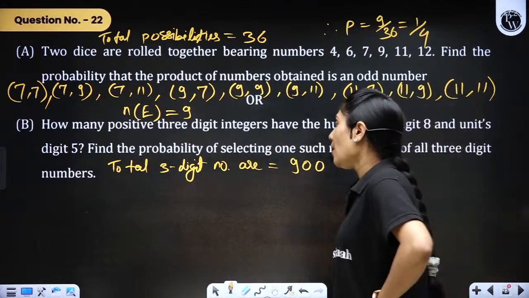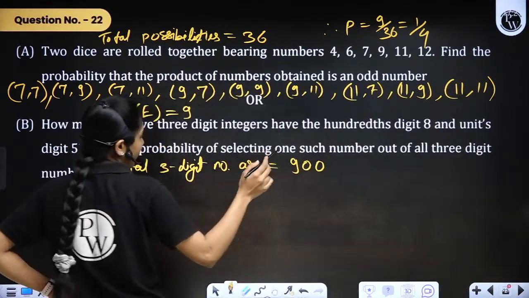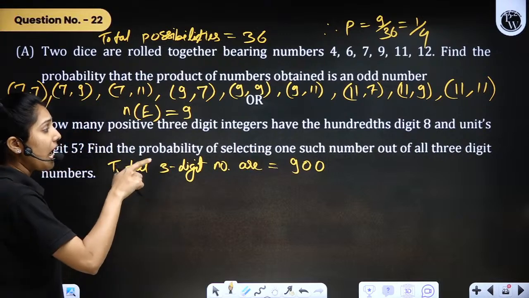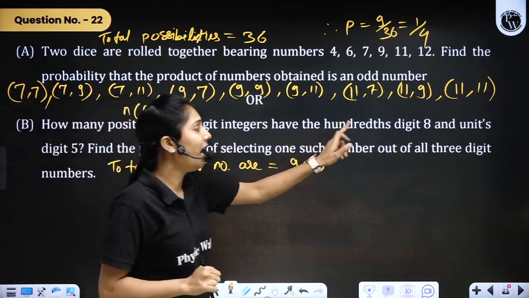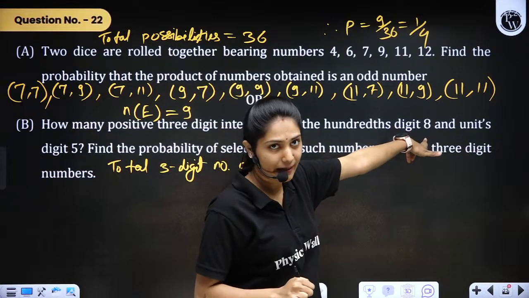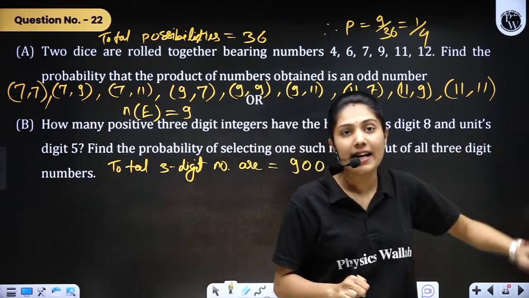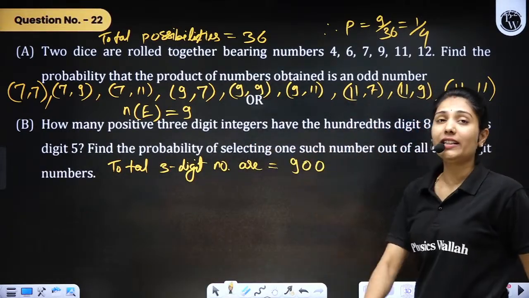Now find the probability of selecting one such number out of all 3-digit numbers where the 100th digit is 8 and unit digit is 5.